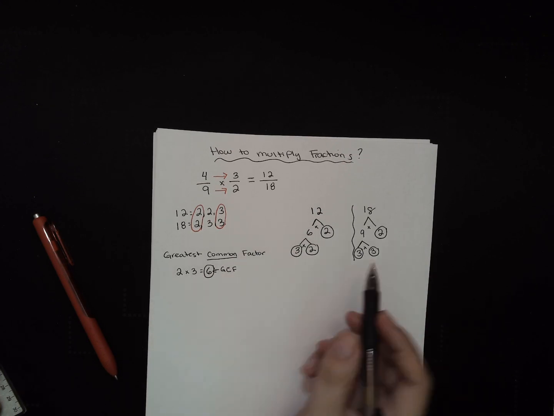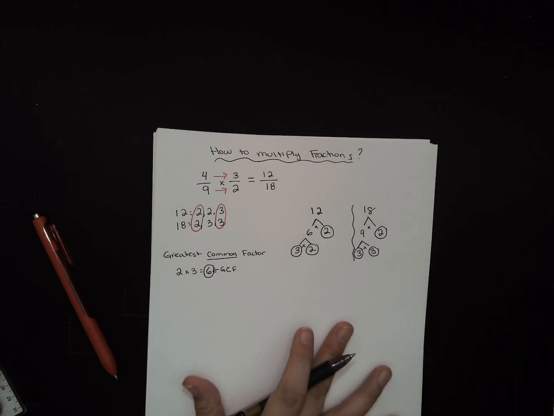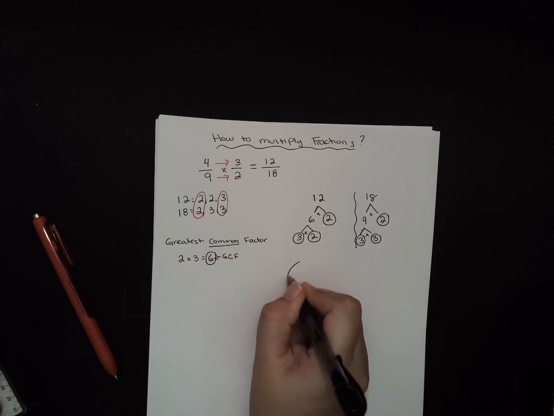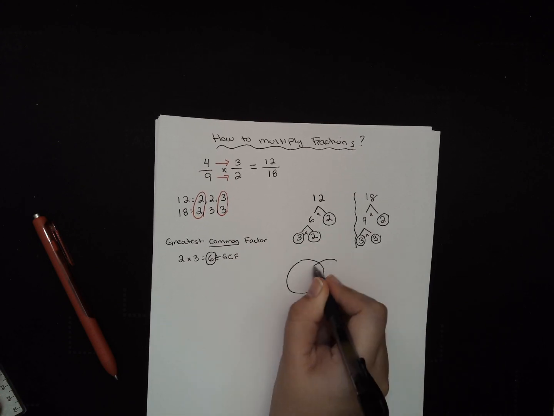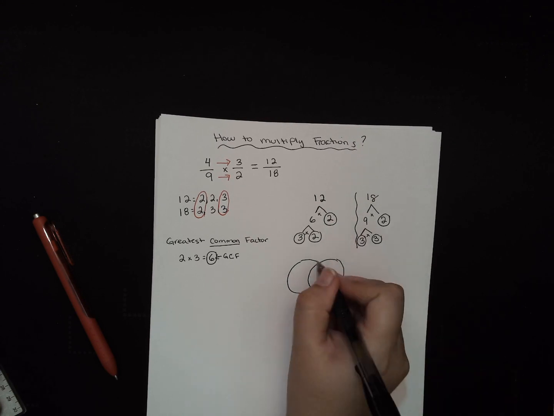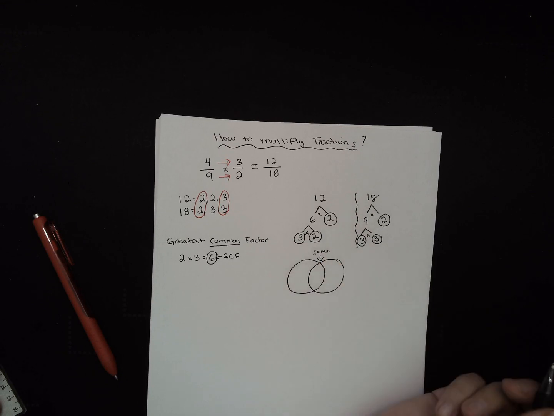Another way you could show your greatest common factor is by doing a Venn diagram. So I'm going to show you, just as an extra step, I'm going to put my circle and my circle. Okay. On the Venn diagram, remember, in the middle is what they have shared.